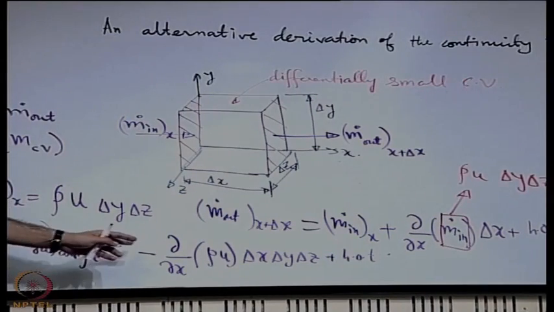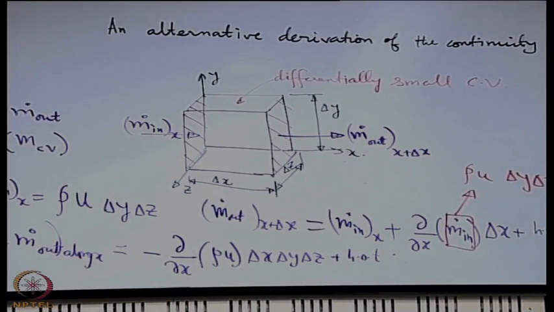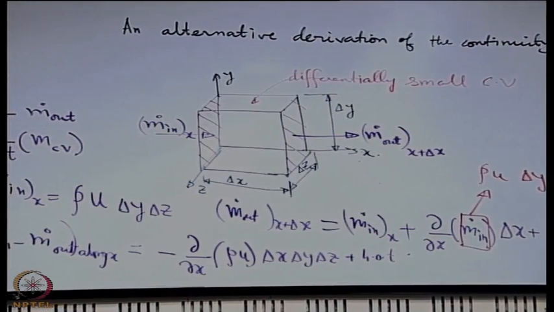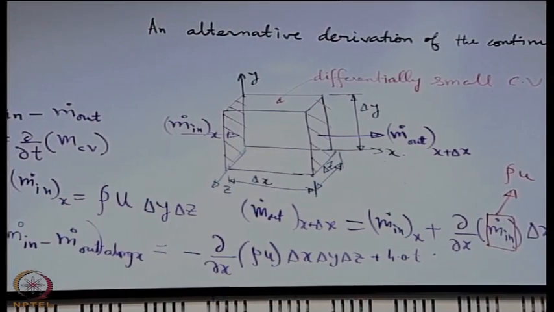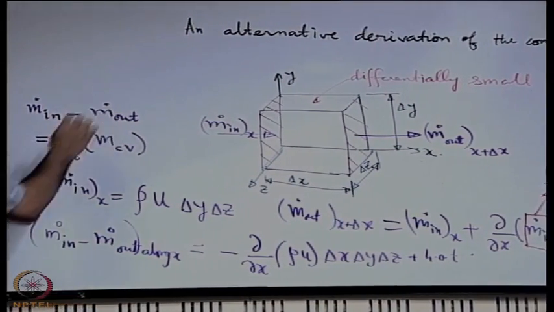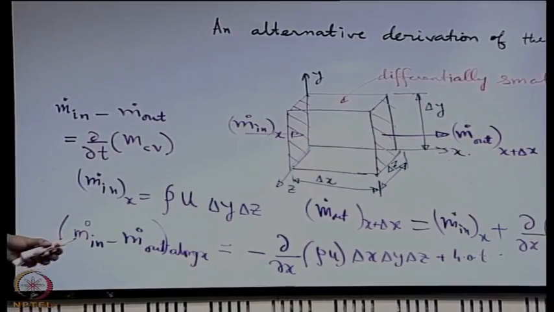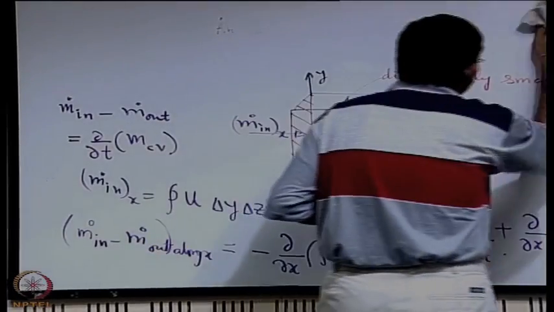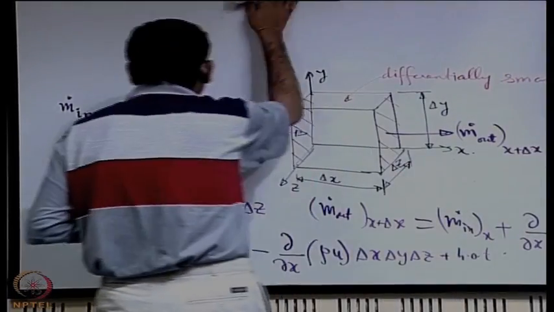So the minus sign appears. Similarly you get what happens along y and z, and you can write therefore the expression of m dot in minus m dot out. We will do that, but before that let us see what happens to the right hand side.